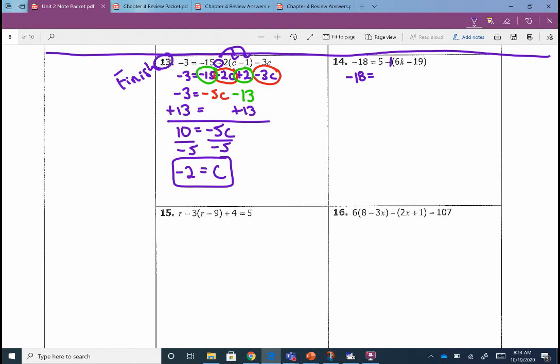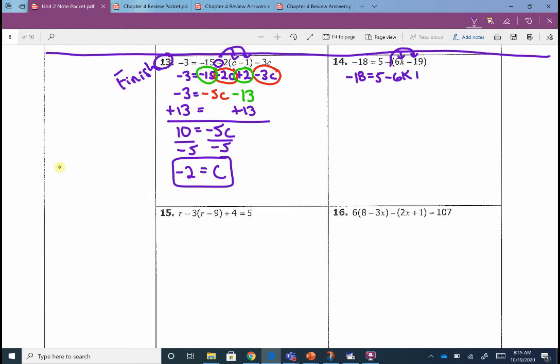All right, so that means that the 5 is just going to chill out. The 5 has nothing to do with what's now going to happen with the distributive property. The negative 1 does. So when I distribute negative 1 times positive 6, it's going to be negative 6k. Negative 1 times negative 19, what's going to happen there? Negative times a negative?